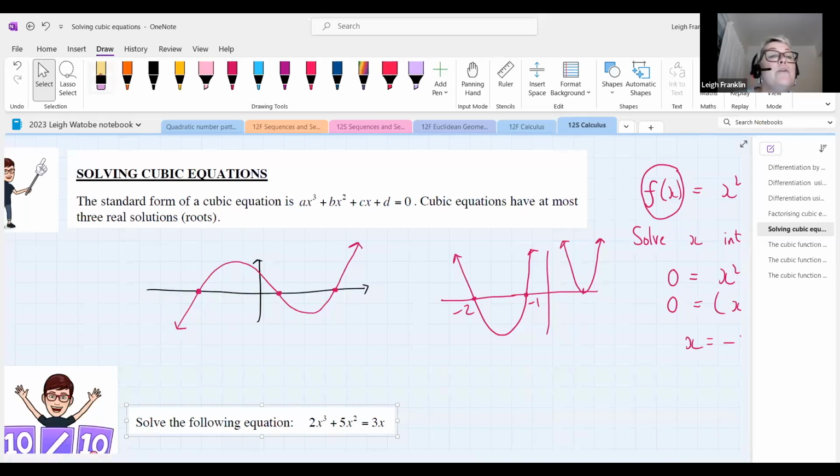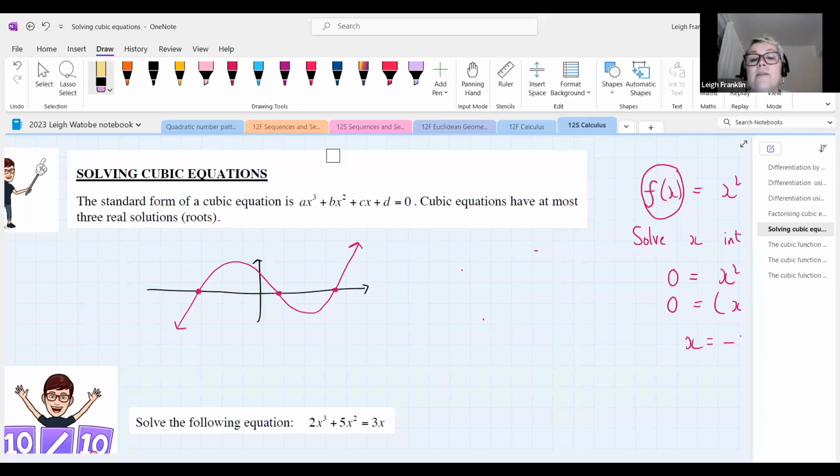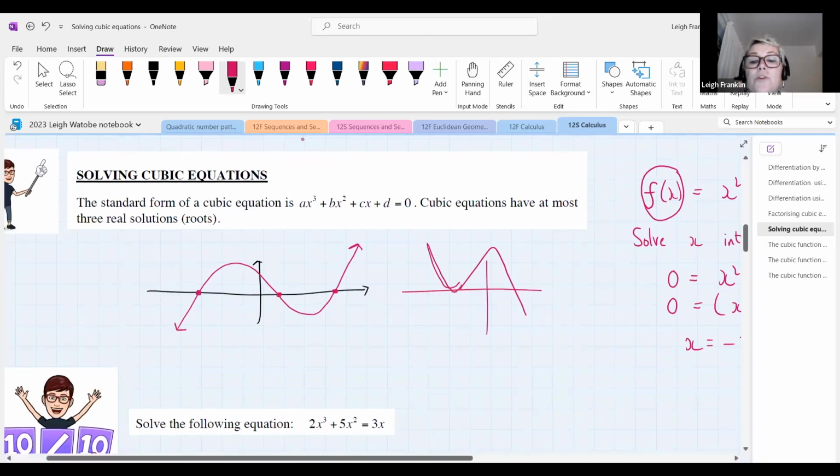What could end up happening is that your graph could have a turning point on your x-axis. So for example, your graph could look something like this. It would come down, touch, and then do something like that. Here there would be 2 x-intercepts.